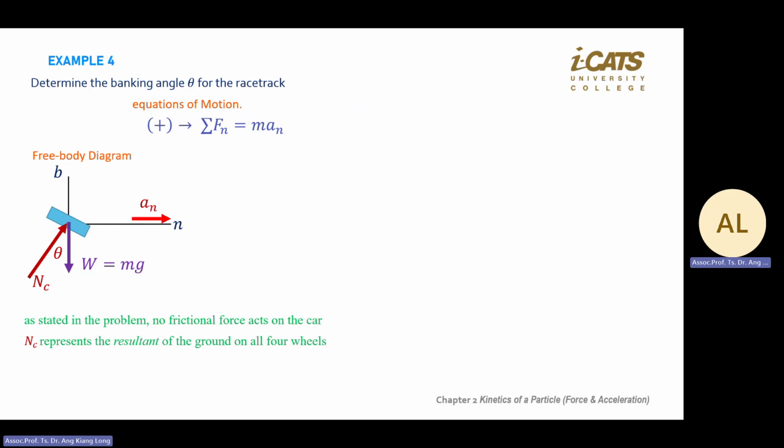In the x direction, how many forces do you have? Only N_c sine theta, not cosine, sorry. Sine of the angle in the n direction, and then cosine of the angle in the b direction. So here we focus on n, with positive direction in the n direction.